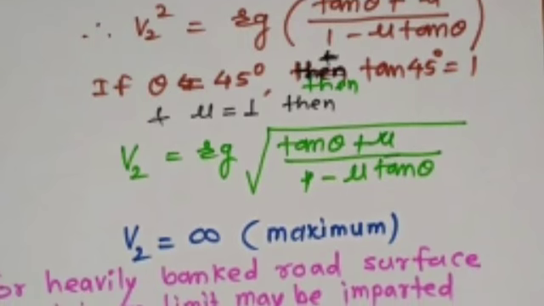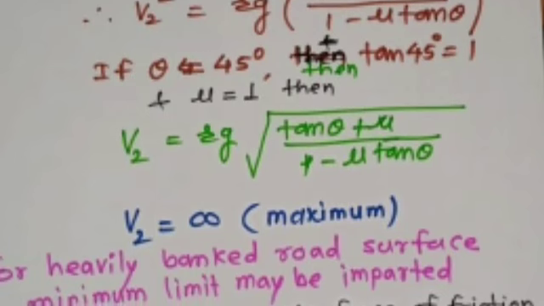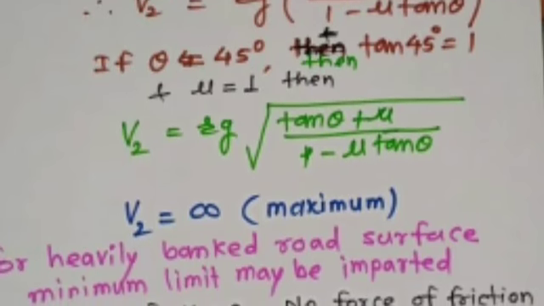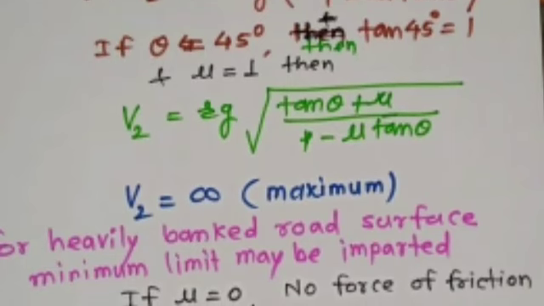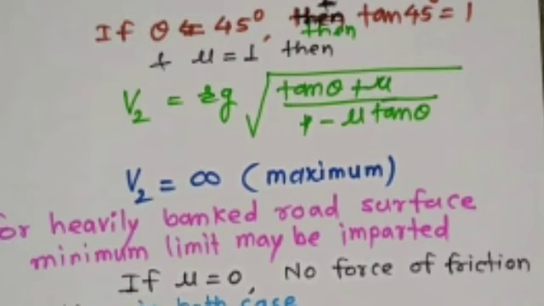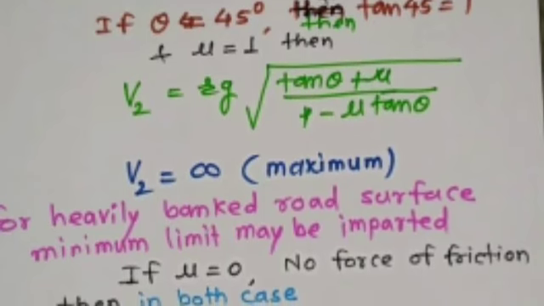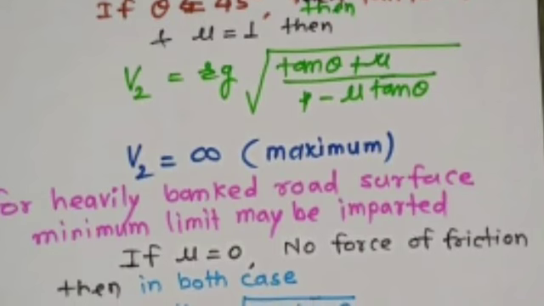Here condition, if theta is equal to 45 degree, then tan 45 degree equal to 1, and mu equal to 1, then v2 equal to square root of rg in bracket tan theta plus mu divided by 1 minus mu tan theta.